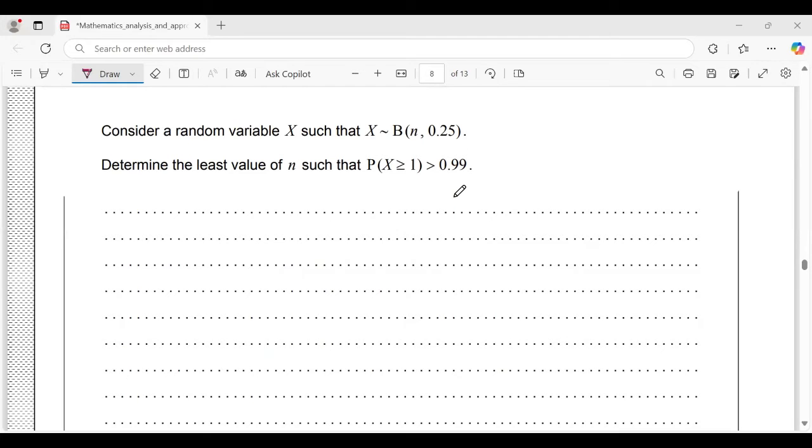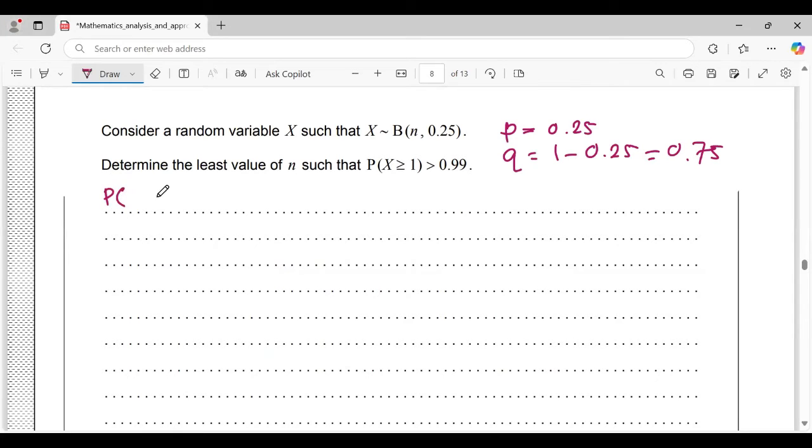So through this information we can state that p equals 0.25 and q equals 1 minus 0.25, which is 0.75. First, I'm going to find the probability of x equals 0.